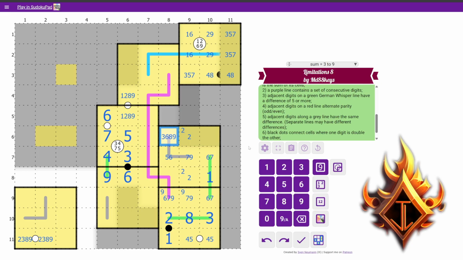So this cannot be 4. If this was 6, cannot be 5, 4, cannot be 4, 2, cannot be 3, 0. So it would be going up. It cannot be 7, because then that would have no fill. 6, 8, 10. So it cannot be 6.